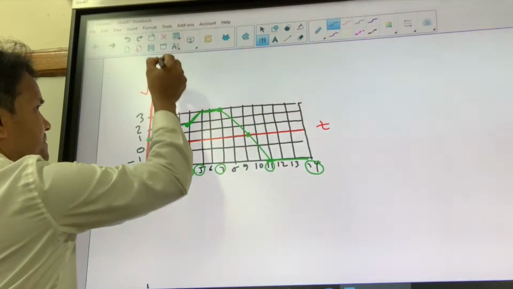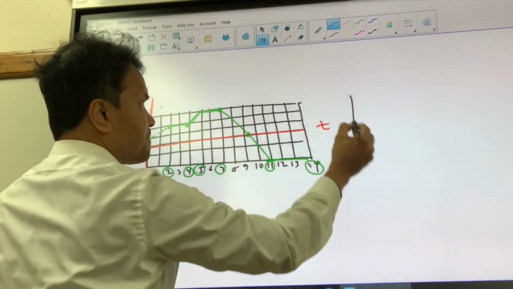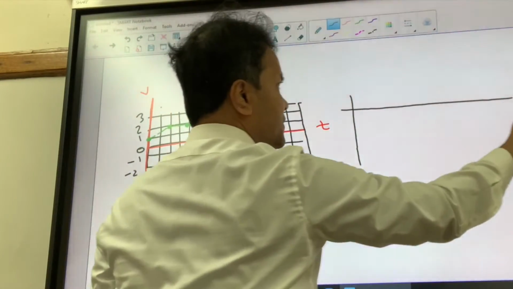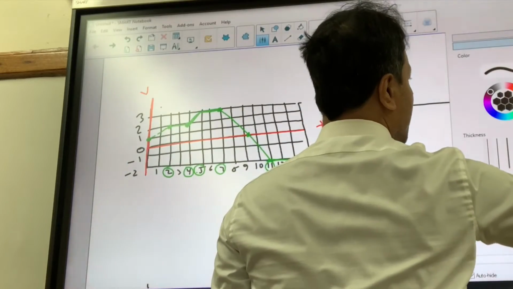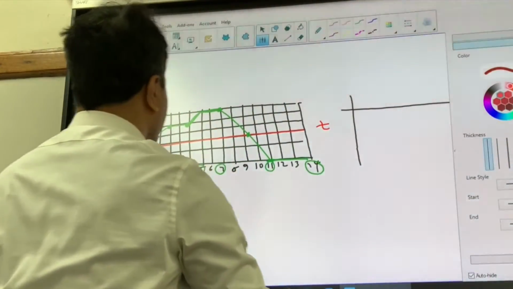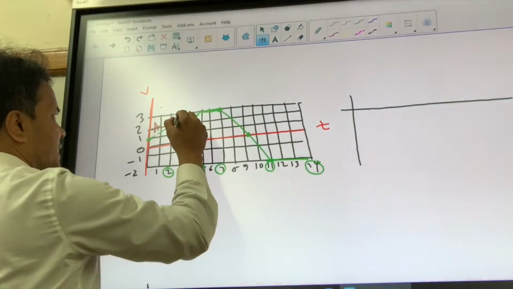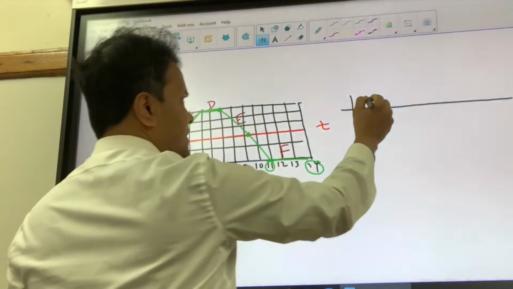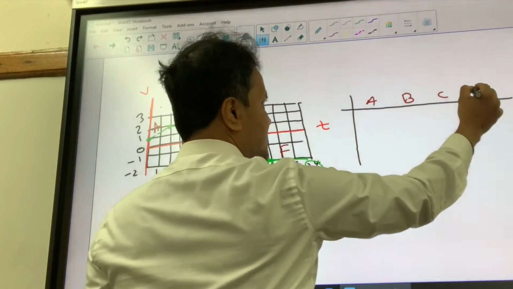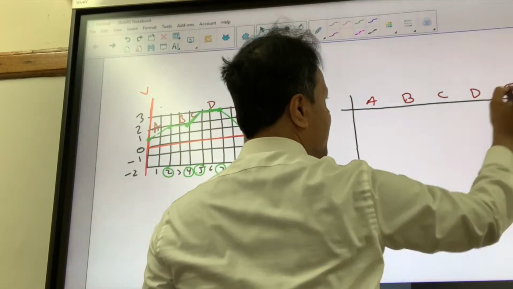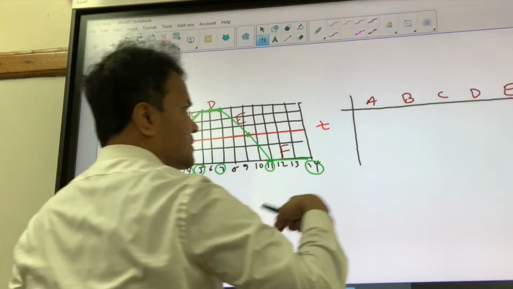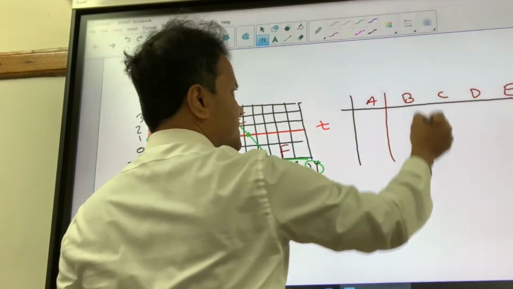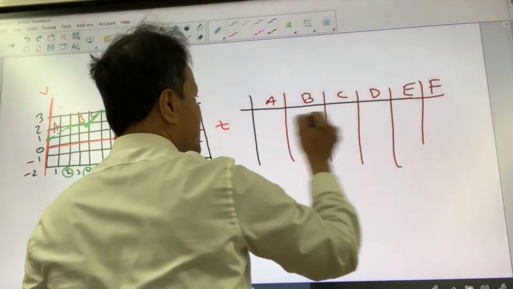Before we collect data, we're going to divide our graph into regions A, B, C, D, E, and F. We are dividing our graph into 6 regions.